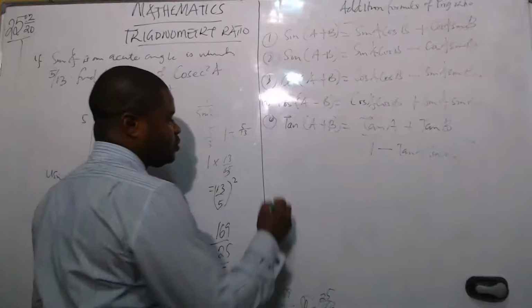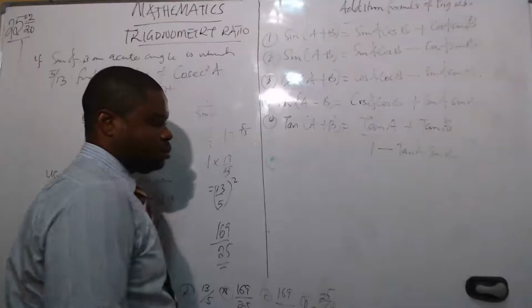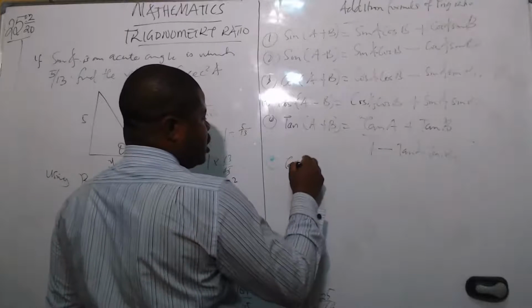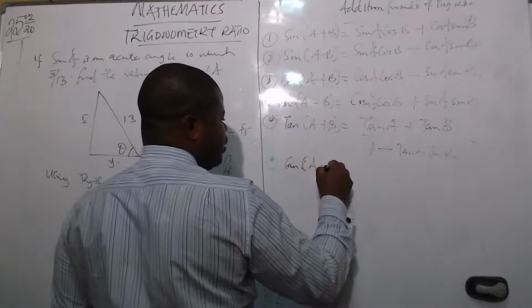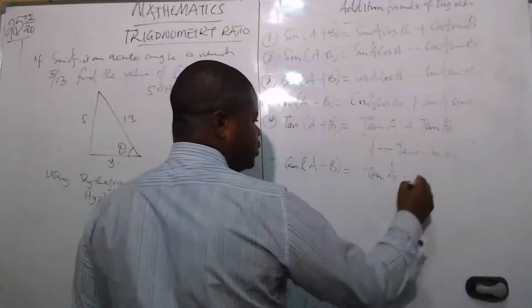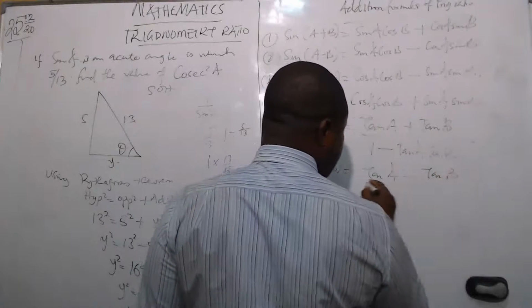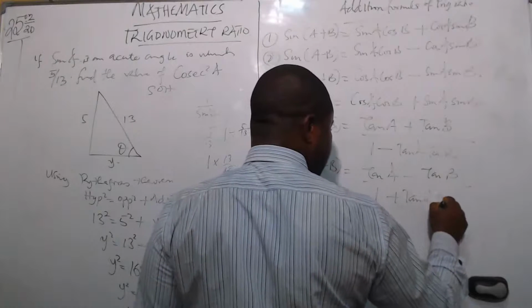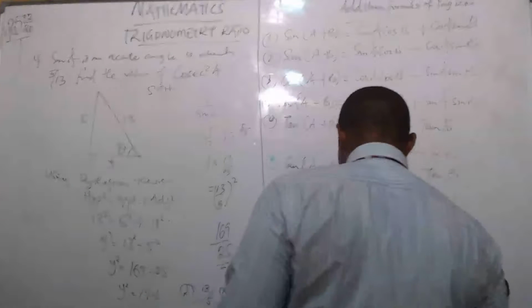Then tan (A minus B) is equal to tan A minus tan B over 1 plus tan A tan B.